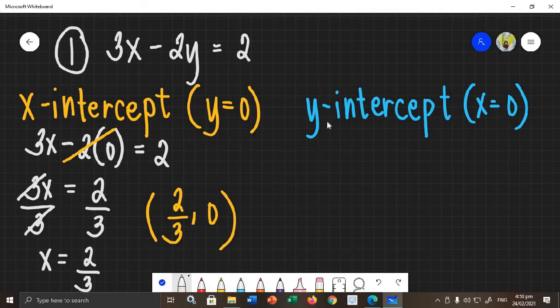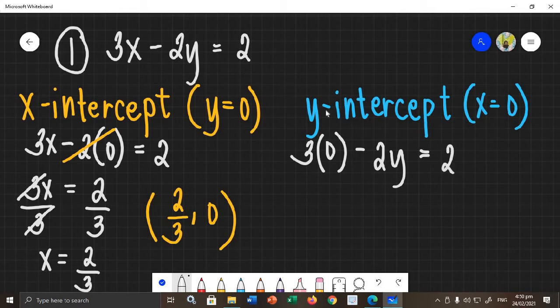Now, solve naman natin yung y-intercept. So, si y-intercept, assume natin when we solve for the value of y-intercept that x is equal to 0. So, papalitan natin si x dito sa given linear equation ng 0. So, we have 3 times quantity 0 minus 2y equals 2.